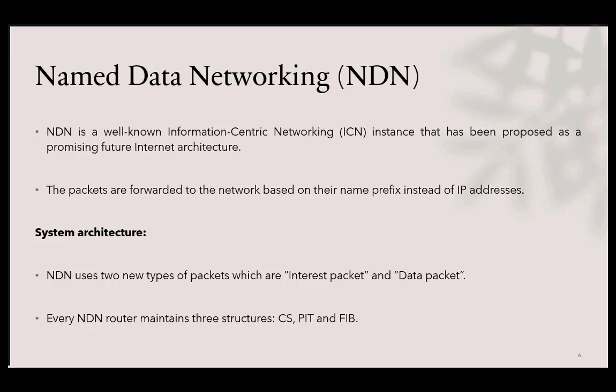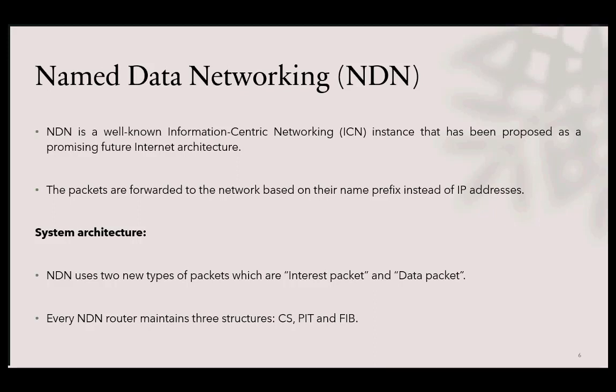NDN uses two new types of packets, which are the interest packet and the data packet. Whenever a consumer wants to get a particular content, he broadcasts an interest packet over the available network interfaces. The routers will use the name carried by this interest packet in the forwarding process.